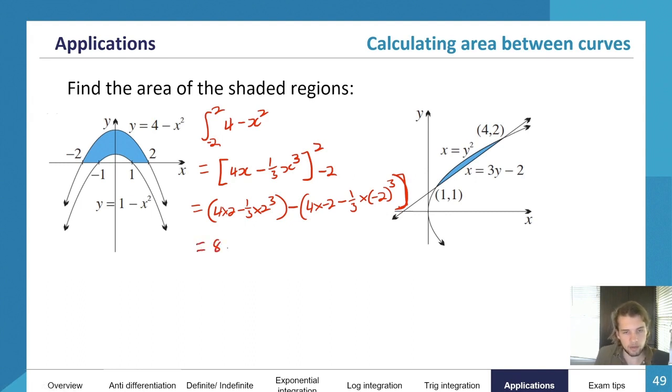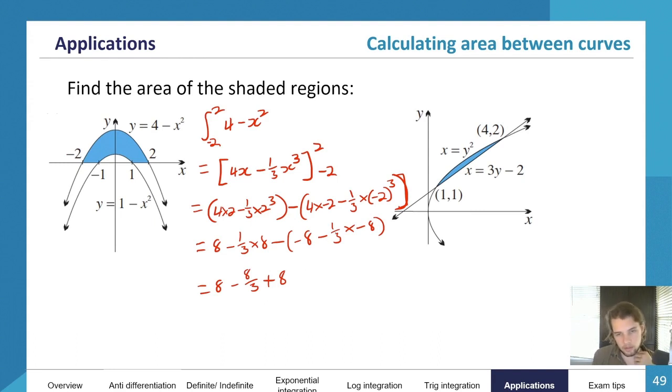Equals 8 minus 1 over 3 times 8 minus negative 8 minus 1 over 3 times negative 8, equals 8 minus 8 over 3 plus 8.